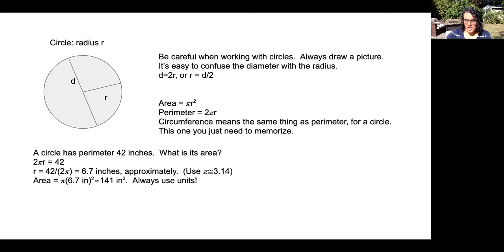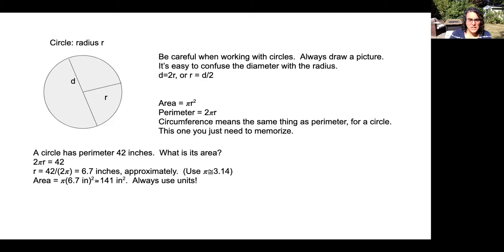I should say here, I don't want you to leave answers in terms of pi in this class. I want you to use an approximation for pi and give me a number. My usual approximation is pi is equal to 3.14, because we're talking about real world things and we want a sense of how large that is. And I have a better sense of what 6.7 means than what some formula involving pi.